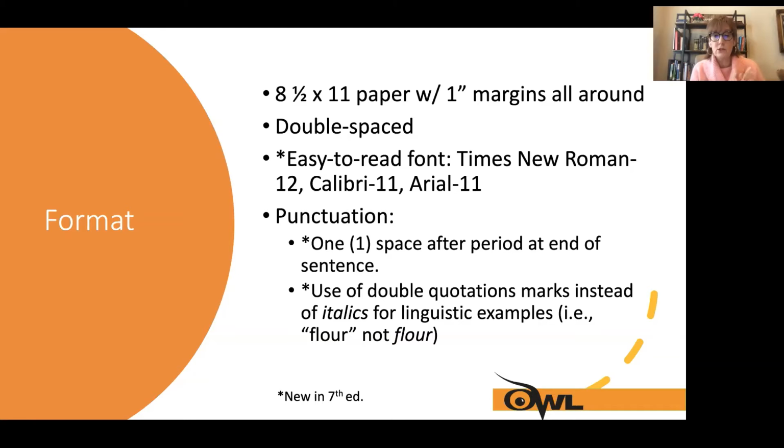But so that is a change. And also in the punctuation, there's only one space required after a period at the end of a sentence. That's something new because it used to be 2 spaces. So it's just 1 space after the period at the end of a sentence. And then the use of double quotation marks instead of italics. So in the past, to use, like, some kind of emphasis, well, I use the word flower, not flower.